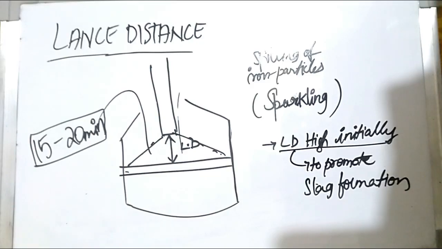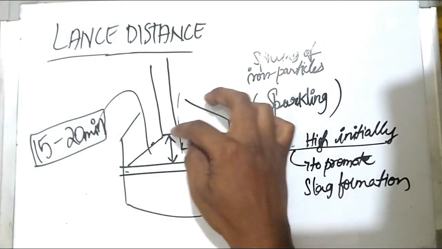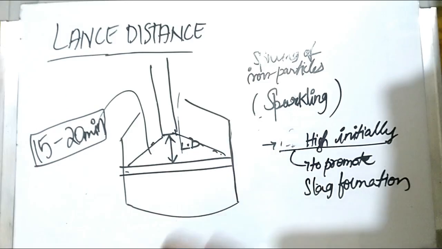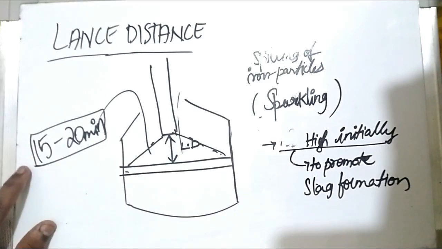The lance distance is decreasing, in the sense the height between the nozzle and the molten metal layer is decreased. So the total oxygen blow time in steel making is 15 to 20 minutes, and this lance distance should be progressively decreased.